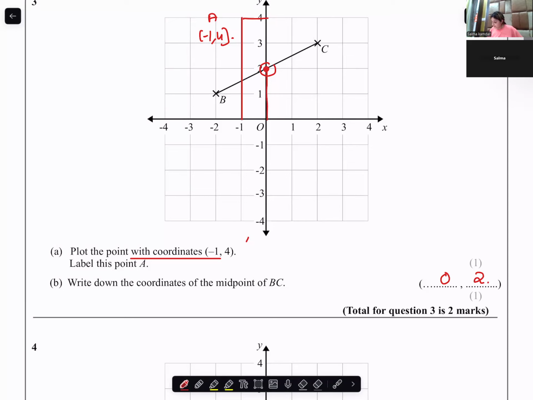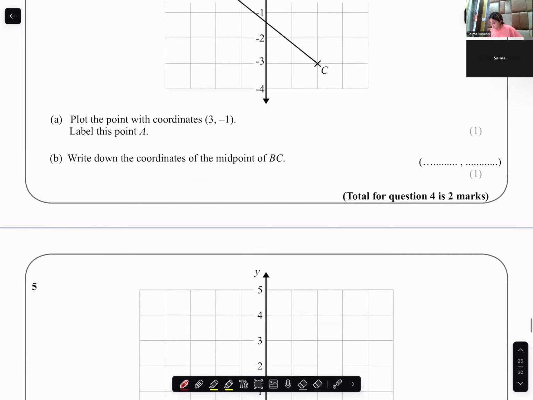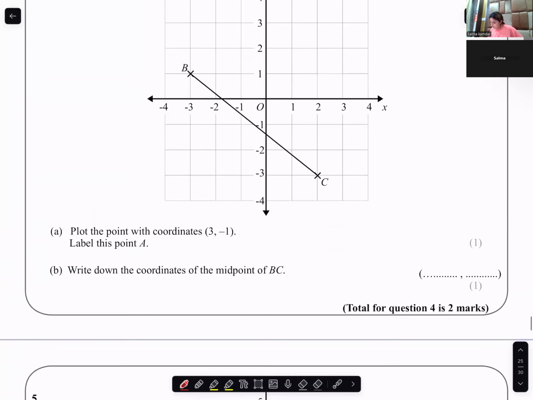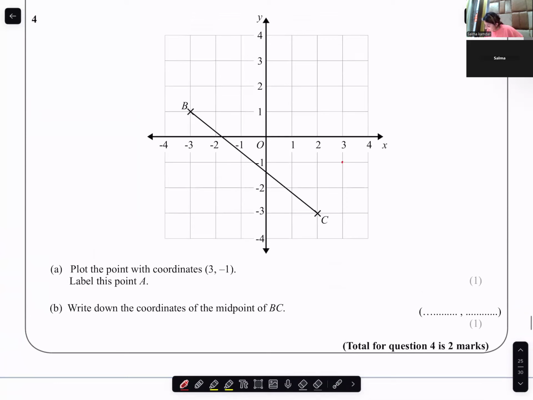The next sums, you can do it yourself. Plot the points with 3, -1, A, 3, -1. Midpoint of BC, from B to C, 1, 2, 3, 4, 5, 6. So half of it would be 3.